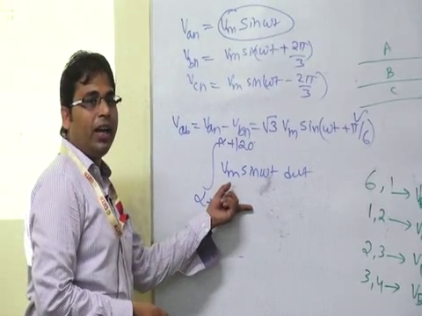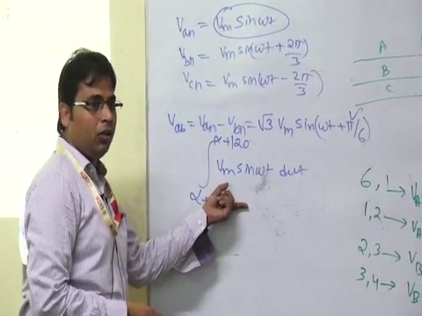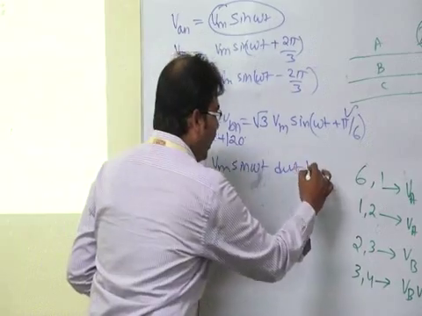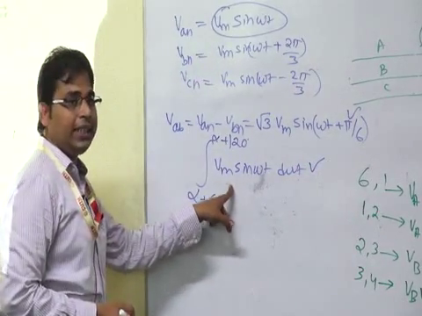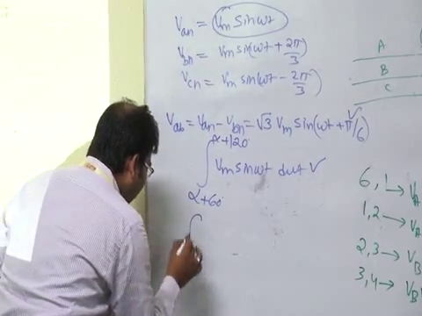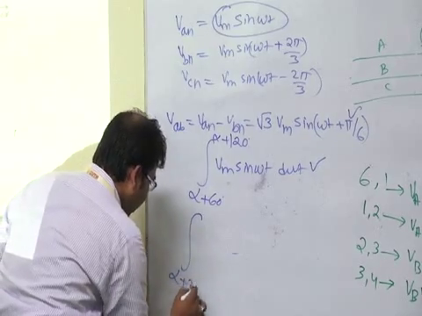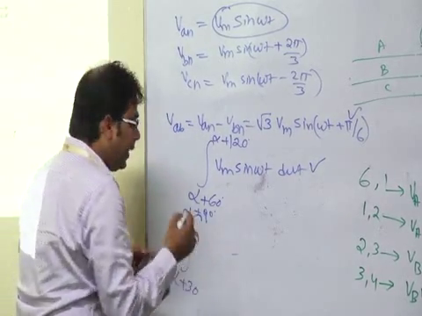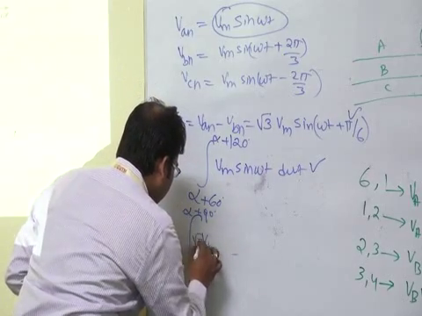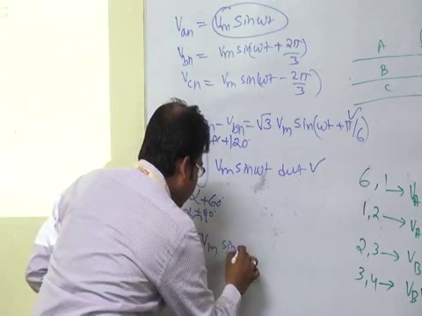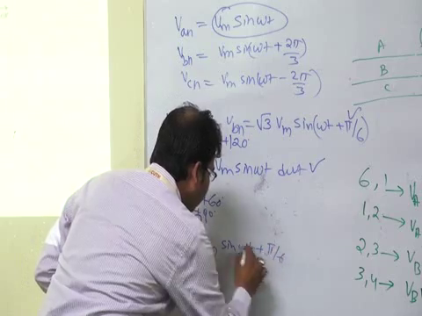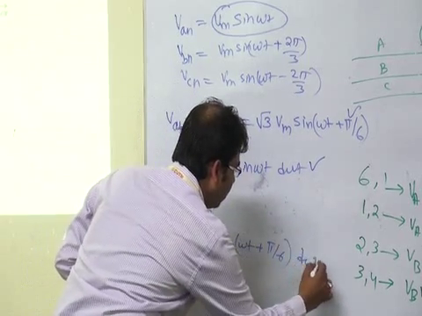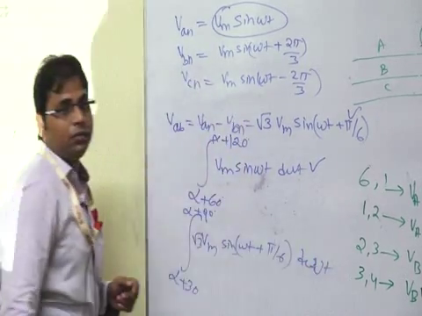Okay. If you take phase voltage, this is the expression. If you take line voltage, then alpha plus 60 to alpha plus 120, root 3 Vm sin omega t plus pi by 6 d omega t.